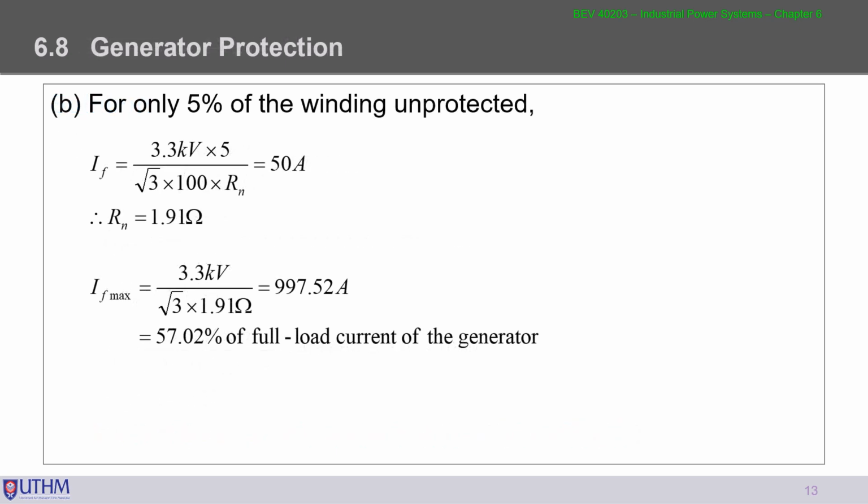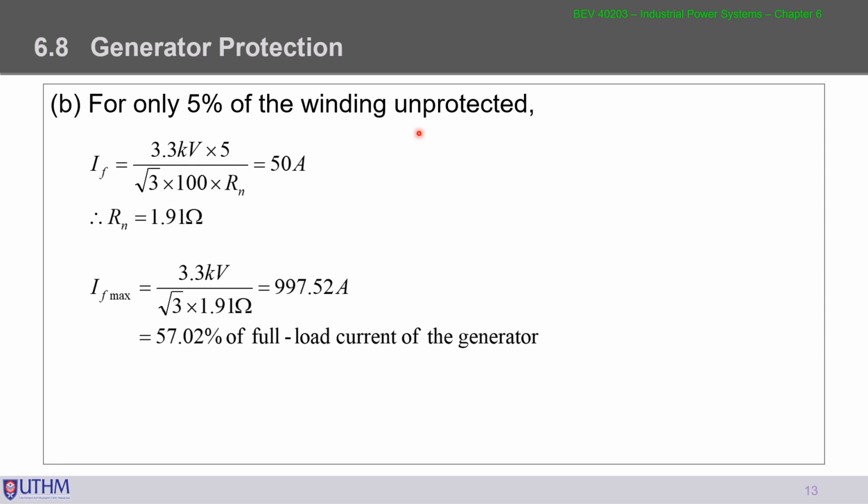Okay, next is the solution for B. For only 5% of the winding unprotected, we have to calculate the resistor needed, Rn, and the maximum fault current if the allowed percentage is 5% of the winding left unprotected.